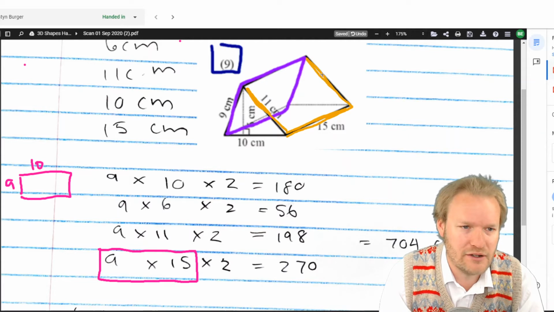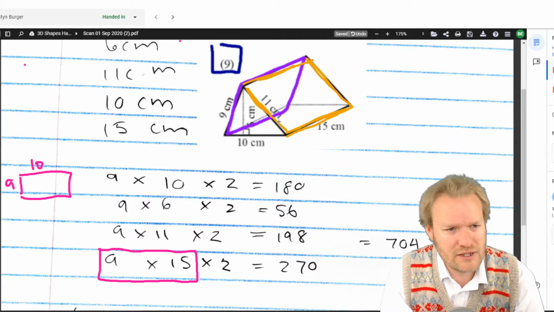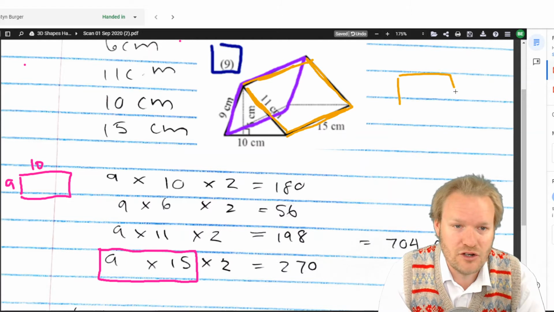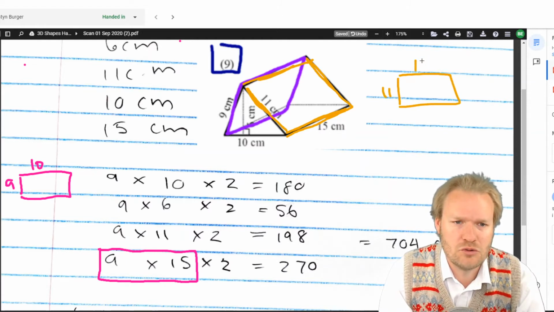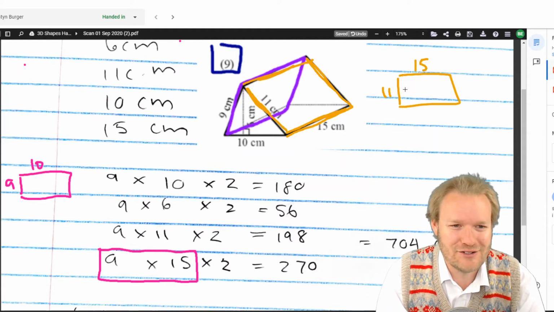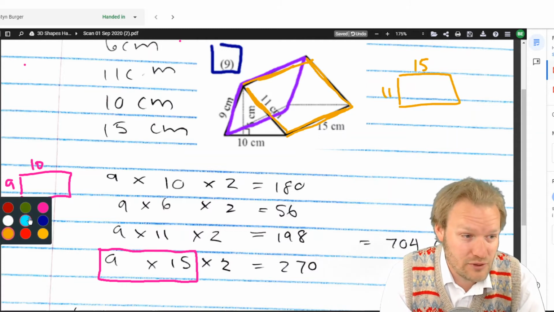So I'm going to put it in yellow, and that rectangle, can you see the one side length is 11 and the other side length is 15. So at some stage we're going to need to determine 11 by 15, and that seems a bit better, and we'll work out the area of that. That's what that one is, and then we'll keep going.